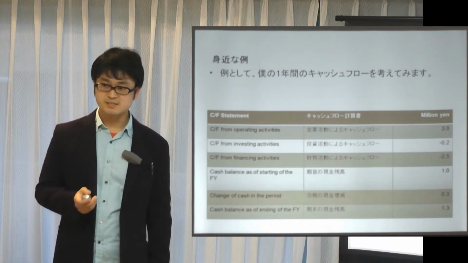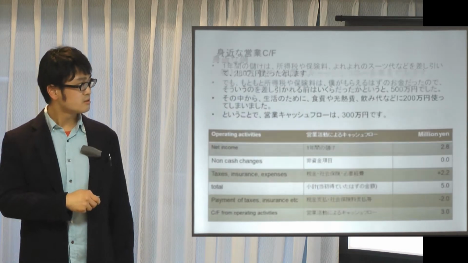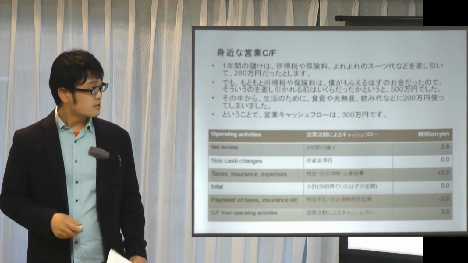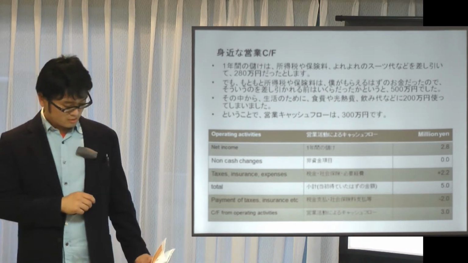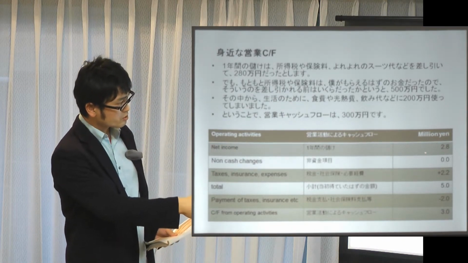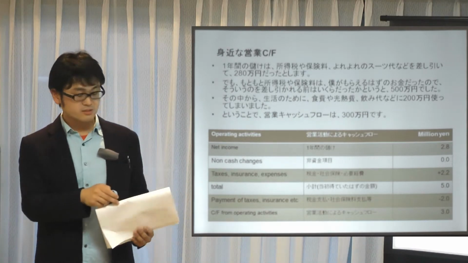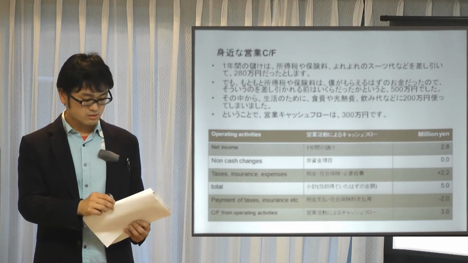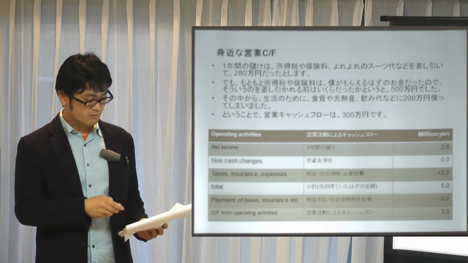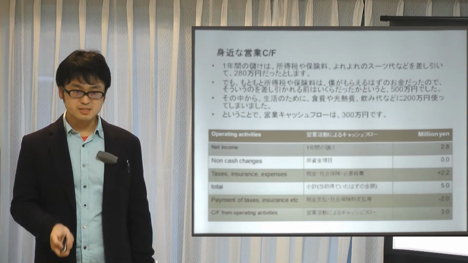For your better understanding, I will reveal my cash flow. Net profit of my income statement this year is 2.8 million yen after deducting income tax, insurance, cost of suits. But the amount of taxes and insurance had to be my income originally.